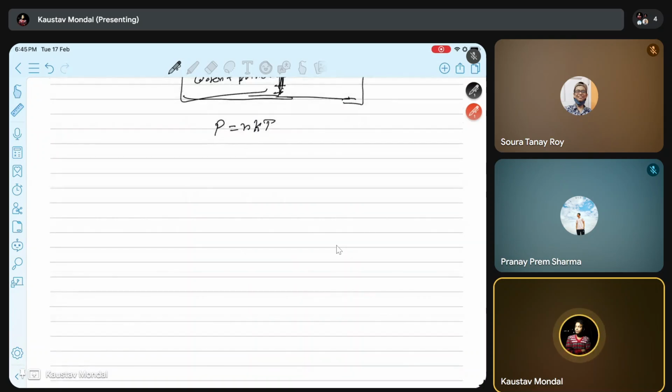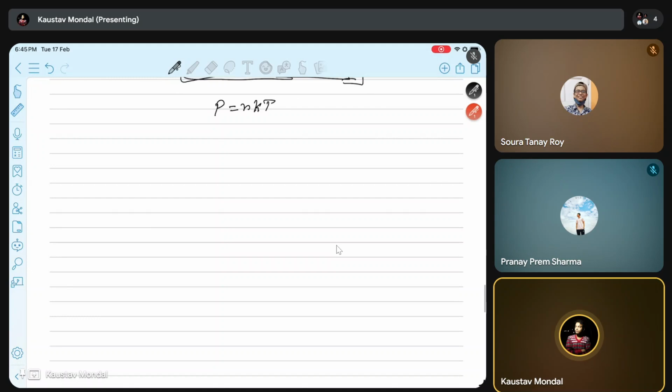Now from this concept you can also calculate the expression of the diffusion constant. Let's suppose in a tube, both sides of the tube have different osmotic pressure. This portion has P1 = N1 kT, and this portion has P2 = N2 kT.